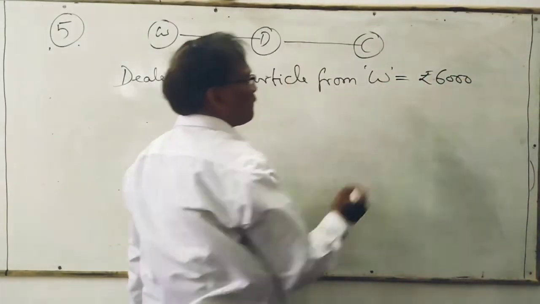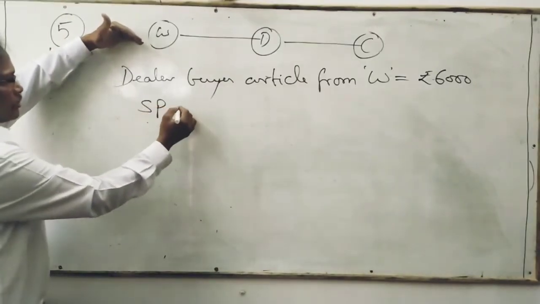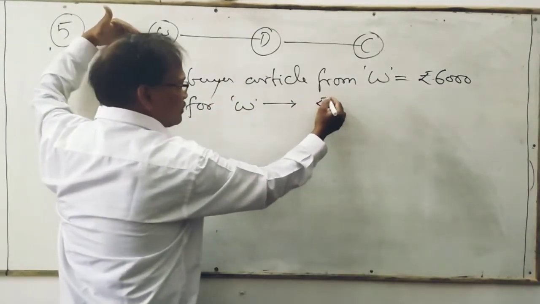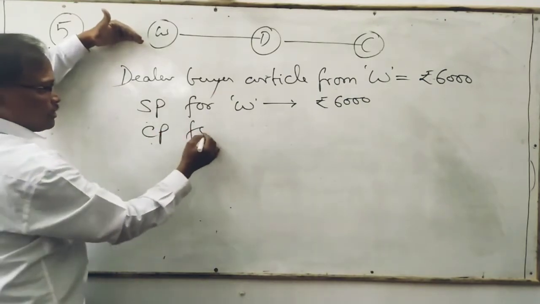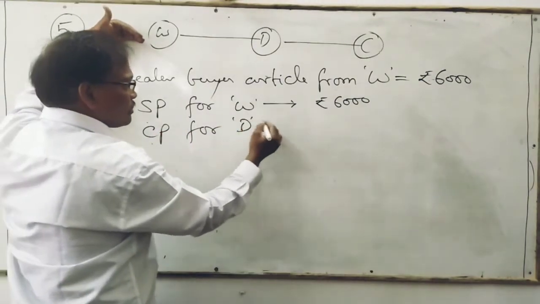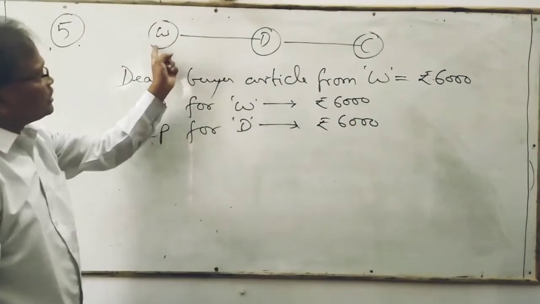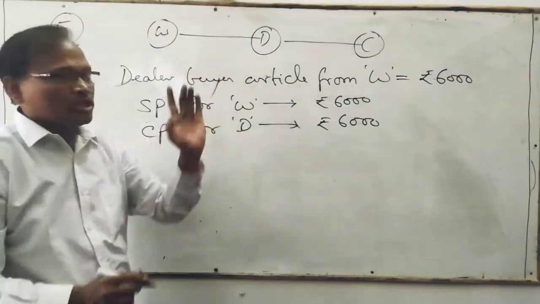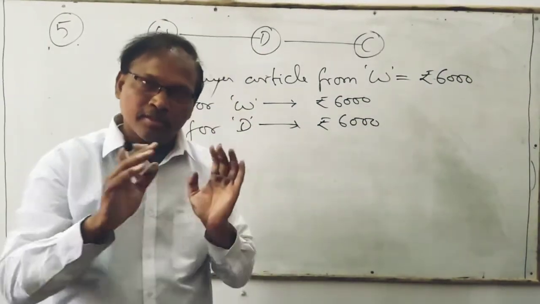It means the selling price for the wholesaler is rupees 6,000 and the cost price for the dealer is also rupees 6,000, क्योंकि इसने इसको सेल किया and the dealer purchases the article. It means the selling price for wholesaler and cost price for dealer both are same.